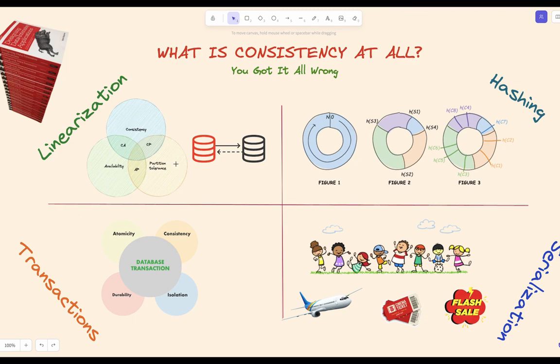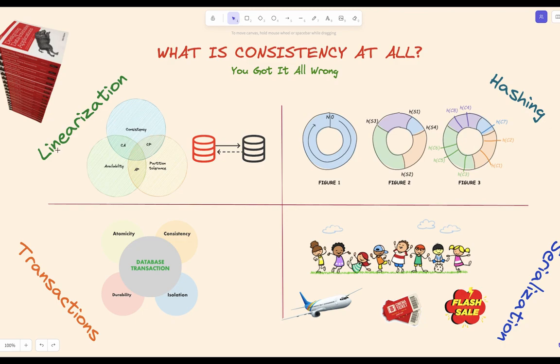In this domain, the word consistency essentially means linearization. I'll explain what linearization is, but just remember whenever you are talking about CAP theorem, the consistency you are referring to here is essentially the concept called linearization.